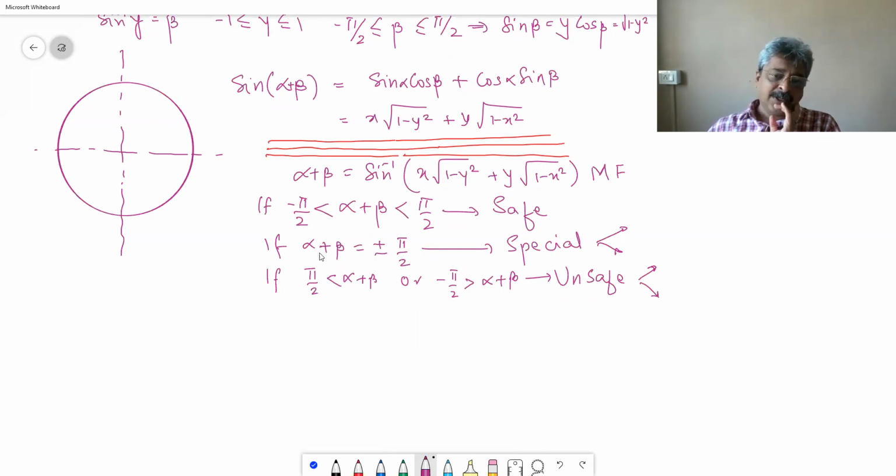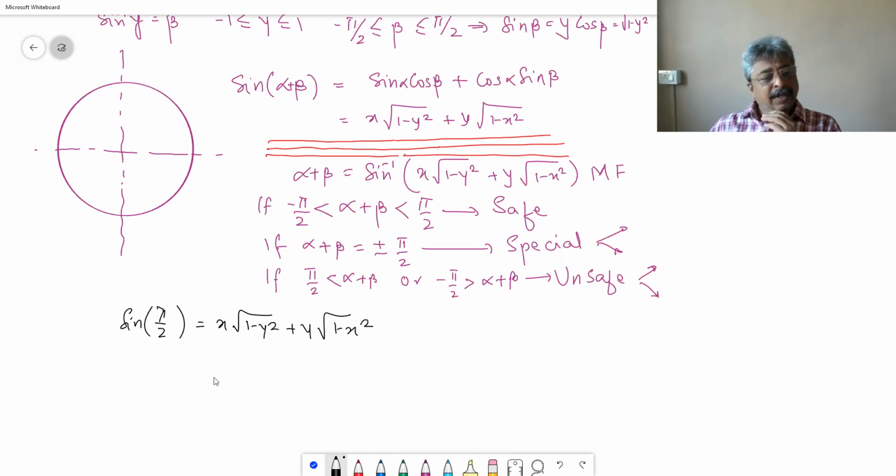So we put alpha plus beta equal to pi by 2 in the main function equation. Sine of pi by 2 should be equal to x radical 1 minus y square plus y radical 1 minus x square. But sine pi by 2 is 1, which will give us 1 equals x radical 1 minus y square plus y radical 1 minus x square.